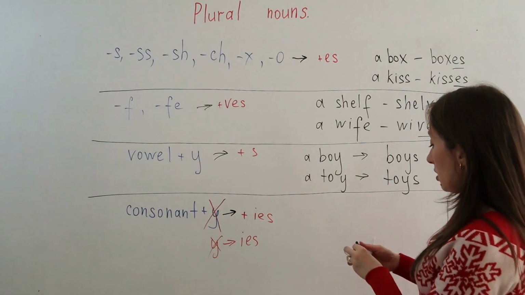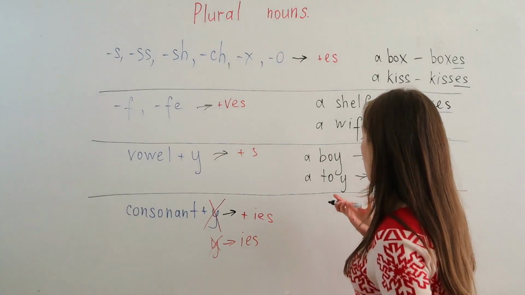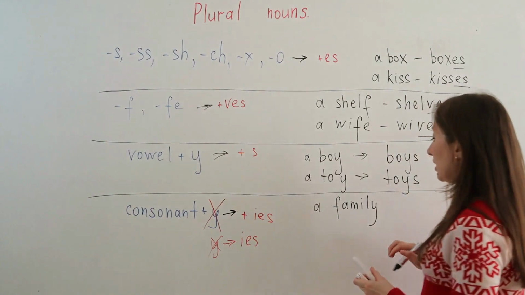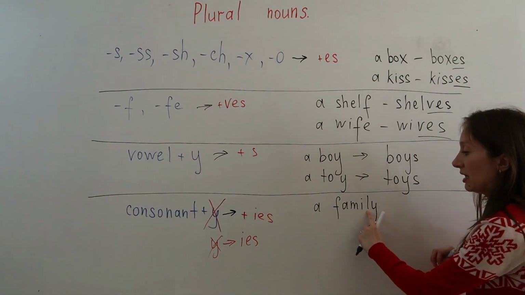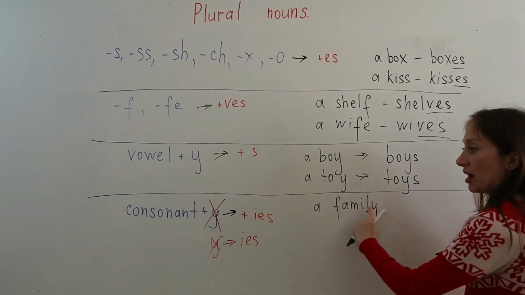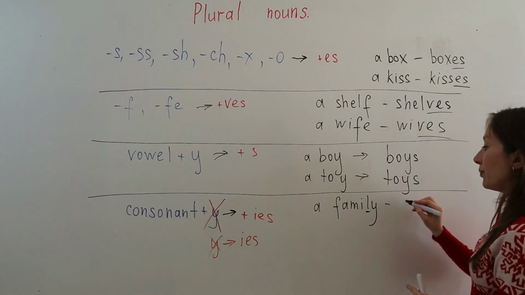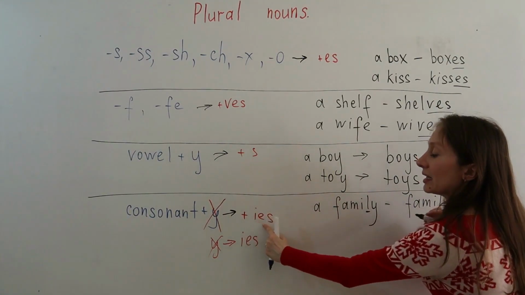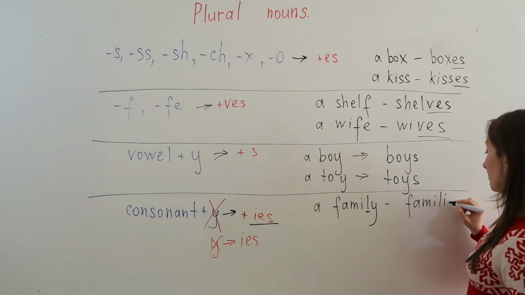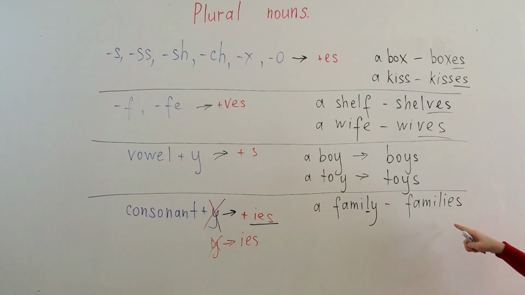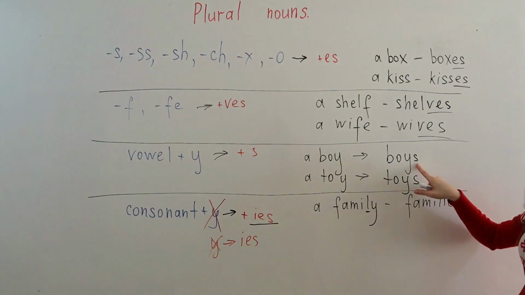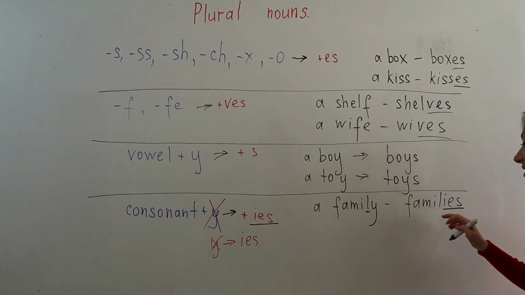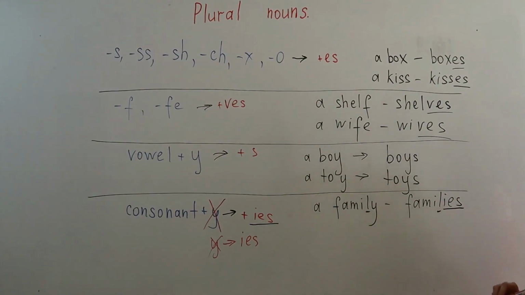For example, family, you know this word, right? Family. Again, l, t, k, p. This is a consonant, l. You have the letter y. So in plural form, you will have families. Families. Okay? Family, families. Here we just added s because this is a vowel. Here we add ies because this is a consonant.